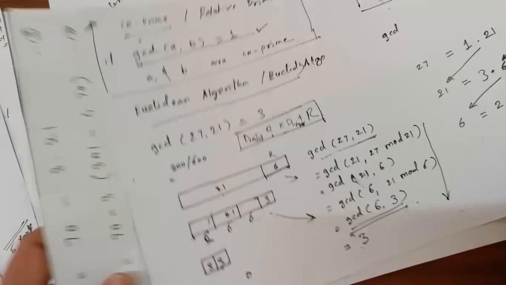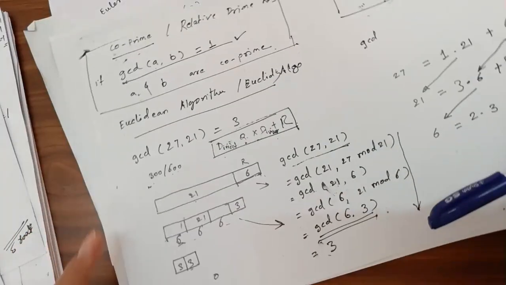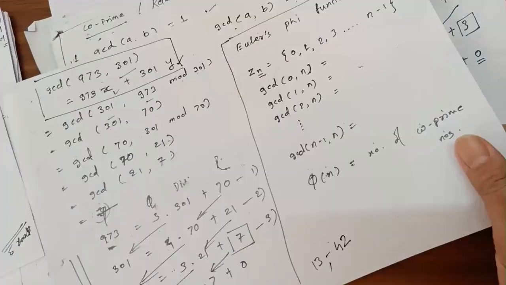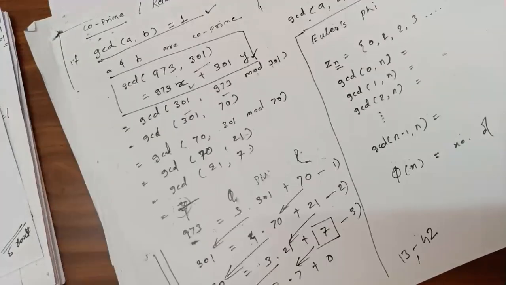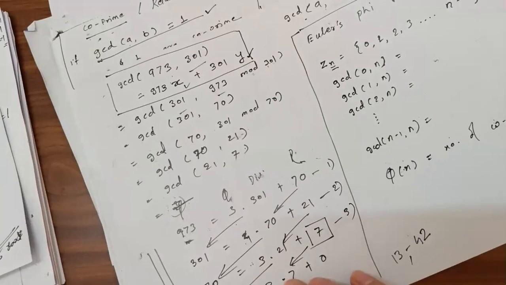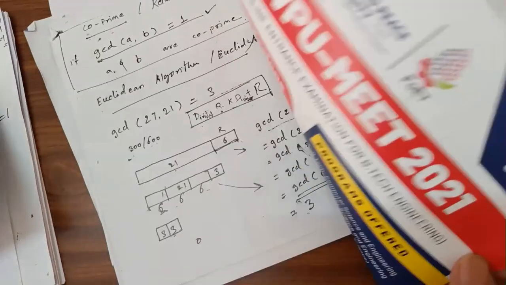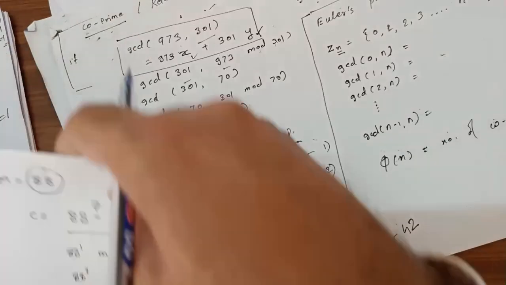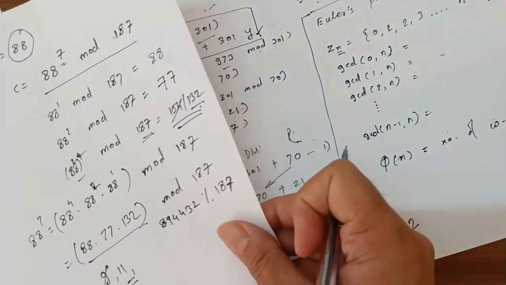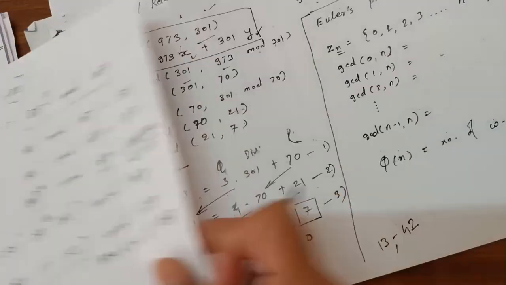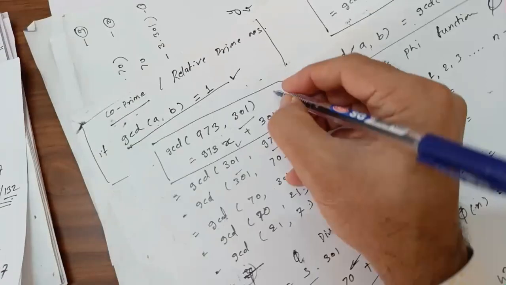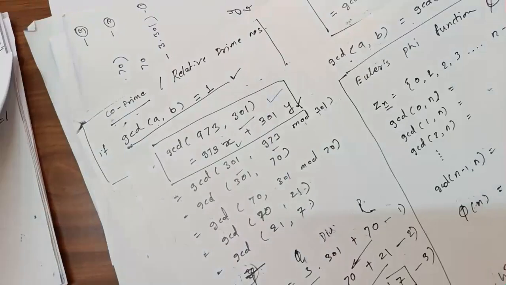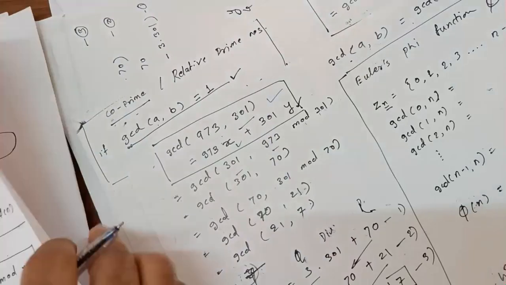There are plenty of examples that we have seen. So this is one example. You can find out the multiplicative inverse of 301.